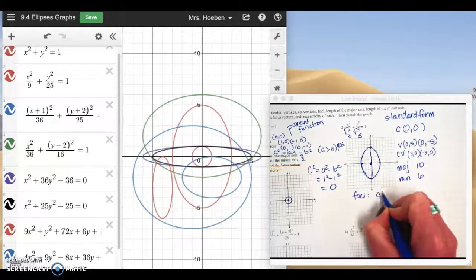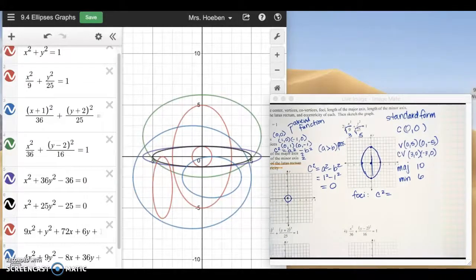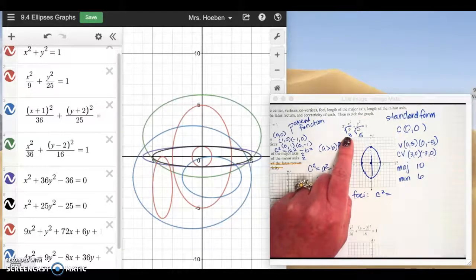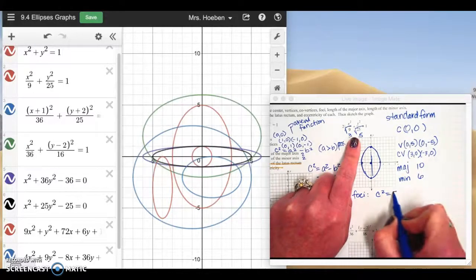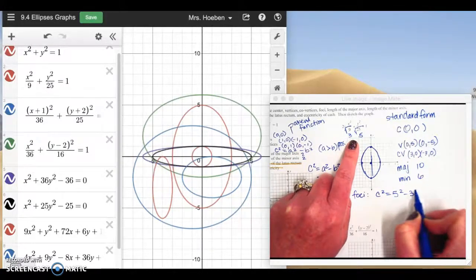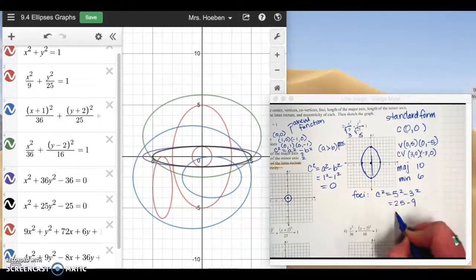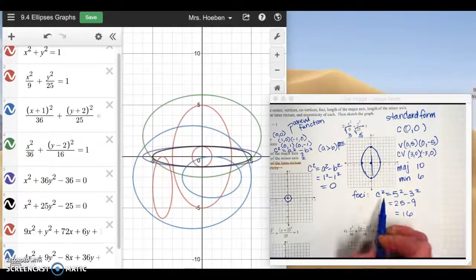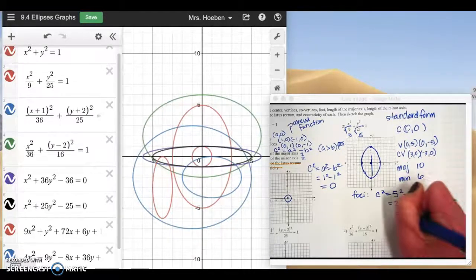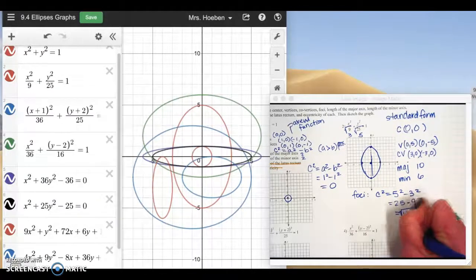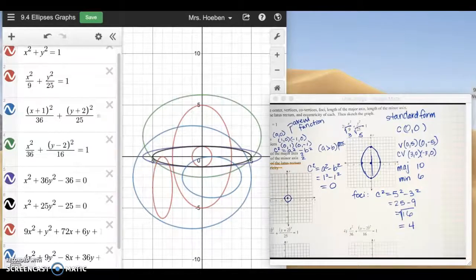So we're going to say c squared equals, and then we want to take the larger of these two numbers. So the 5 squared minus the 3 squared. That's 25 minus 9, which is 16, but it's squared, so we do the opposite, which is square root. That means it's 4.